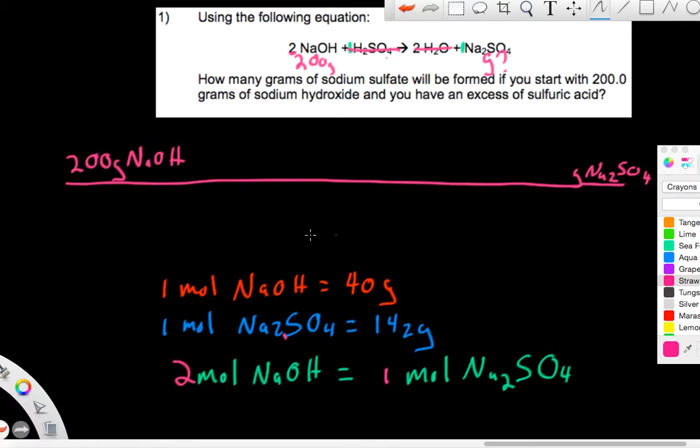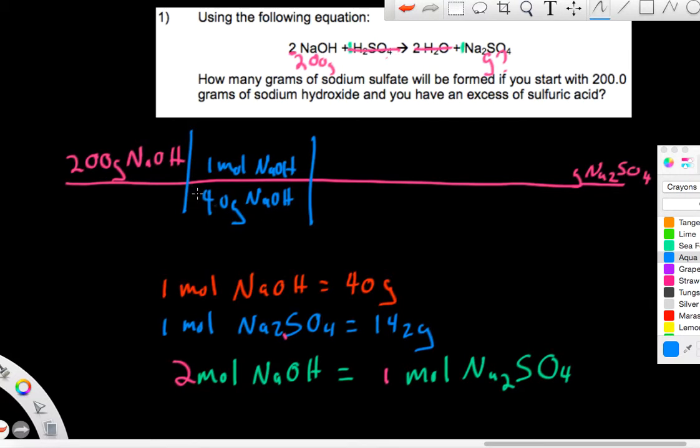So I start with 200 grams NaOH. My next step is going to be to convert that, and I need to put that into moles first because, again, I have to convert between two substances. So let's go ahead and do it. 40 grams of NaOH are in 1 mole of NaOH.